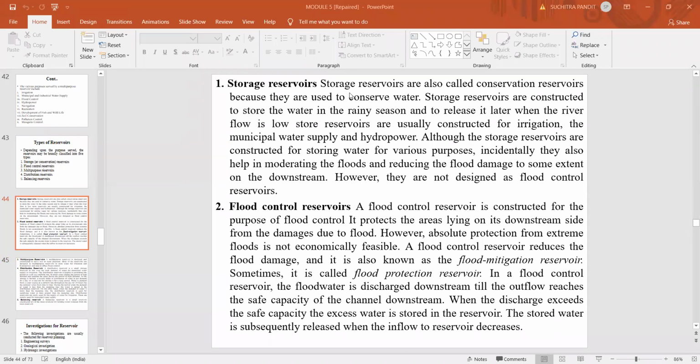Storage reservoirs are also called conservation reservoirs because they are used to conserve water. Next is the flood control reservoir, basically constructed for the purpose of flood control. It protects the area lying on its downstream side from the damage due to flood.